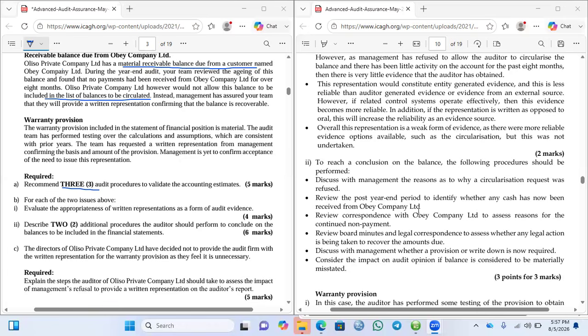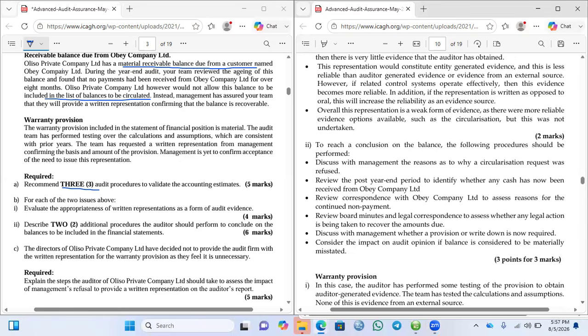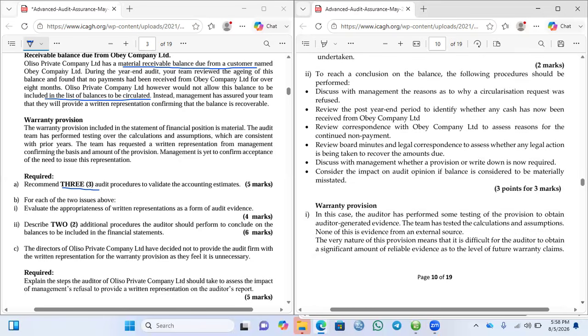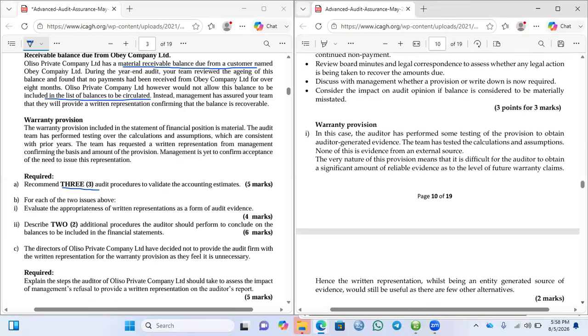And then you can also discuss with management whether it has become necessary for them to write down or make a provision for this debt. And then they should also consider the impact on audit opinion if the balance is to be materially misstated. Okay. So that was about the receivables.